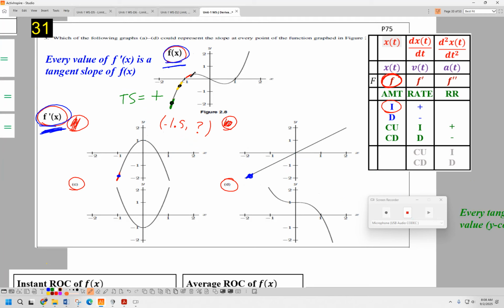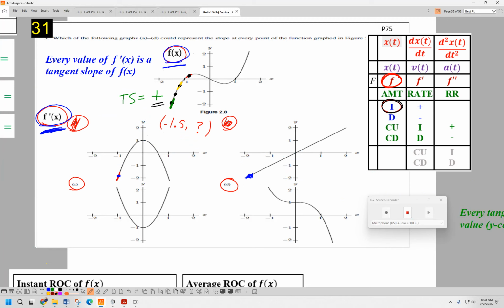So the y coordinates on F are increasing. That tells you the only way the y coordinates on F can go up is that the rate at which those values are changing is positive. So these y coordinates are changing, they're increasing. For them to increase, their rate of change must be some positive number. That's why each of these slopes is positive. The slope here is positive. The slope of the yellow is positive.